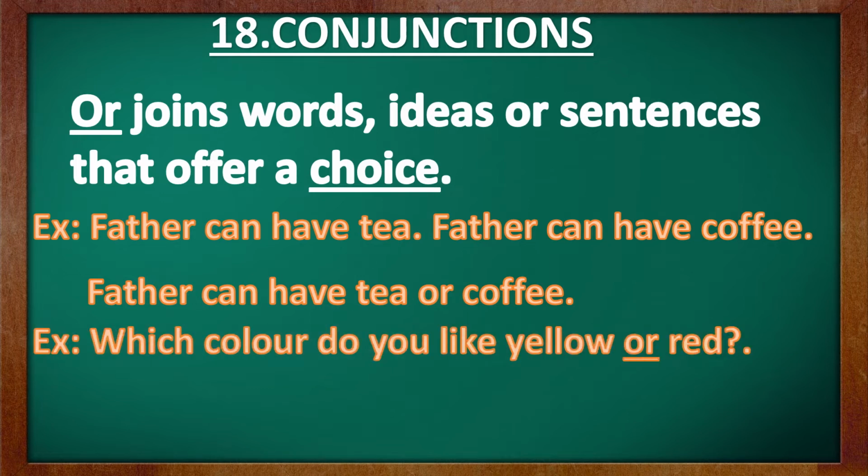One more example. Which color do you like? Yellow or red? Or is the conjunction here. Yellow and red both are put together with the help of or. Here with the help of these examples we understand that and, but, or are the conjunctions which join any two words, ideas or sentences like Sunday and Monday, January and February, milk or coffee, cake or ice cream, pen or pencil, paper and pen.